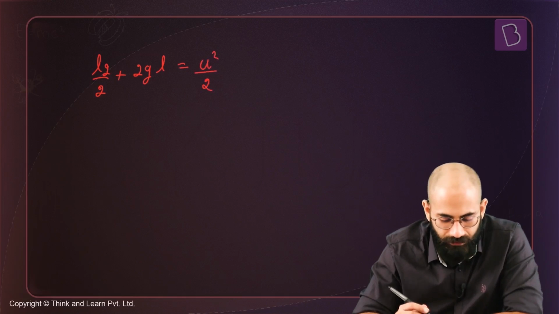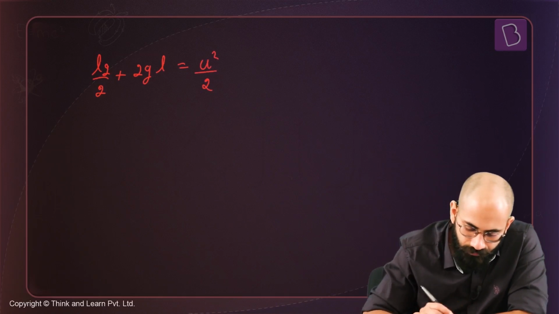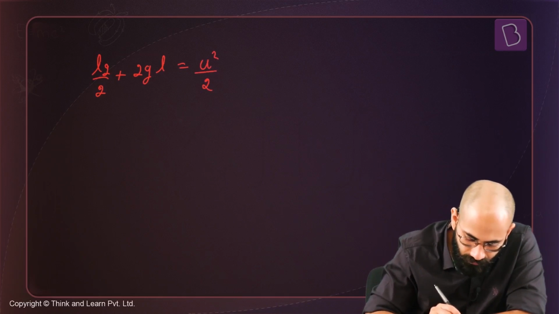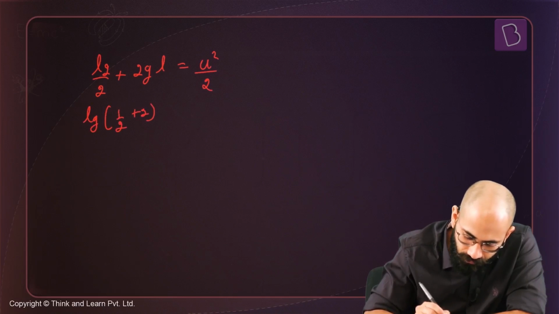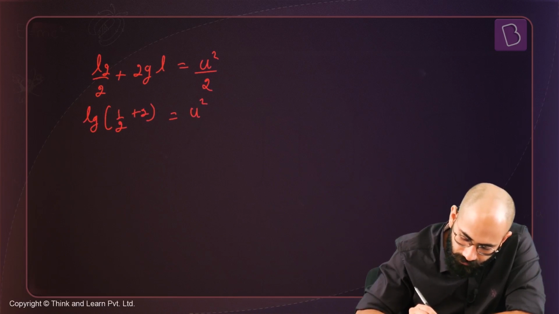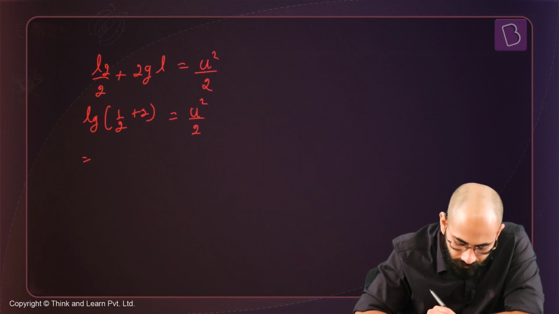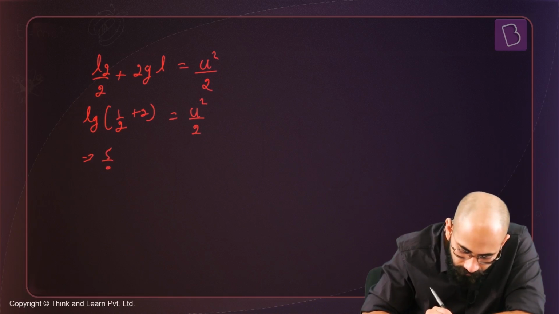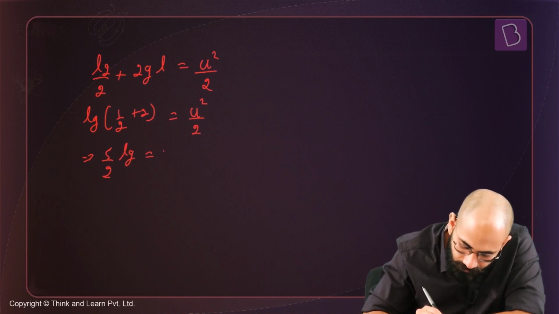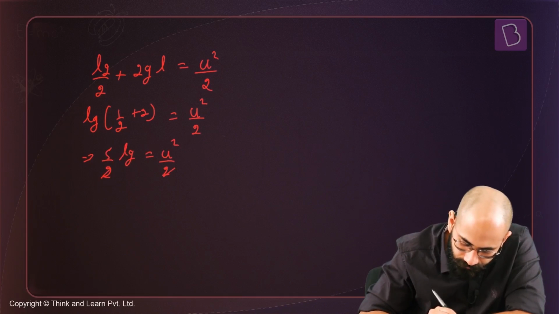Lg by 2 plus 2gL equals u squared by 2. Let me take Lg common: Lg into 1 by 2 plus 2 equals u squared by 2. This means that 5 by 2 Lg equals u squared by 2.